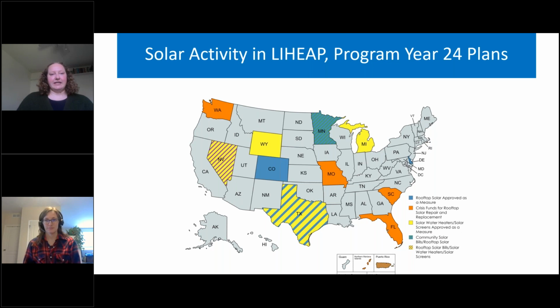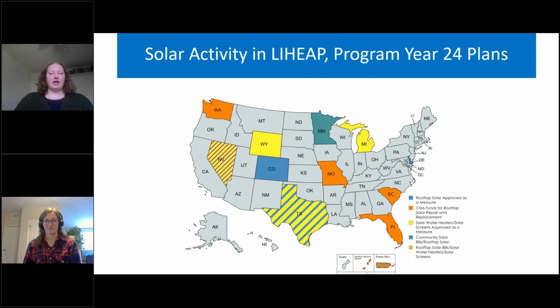is the solar activity in LIHEAP as of this program year 2024. States with blue have rooftop solar approved as a measure. So Colorado, Delaware, Minnesota, Puerto Rico, and Texas. States with yellow have solar water heaters or solar screens approved as a weatherization measure, which is Michigan, Nevada, Wyoming, and Texas.